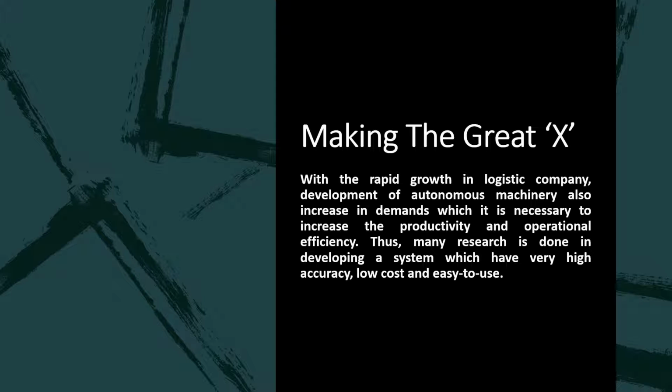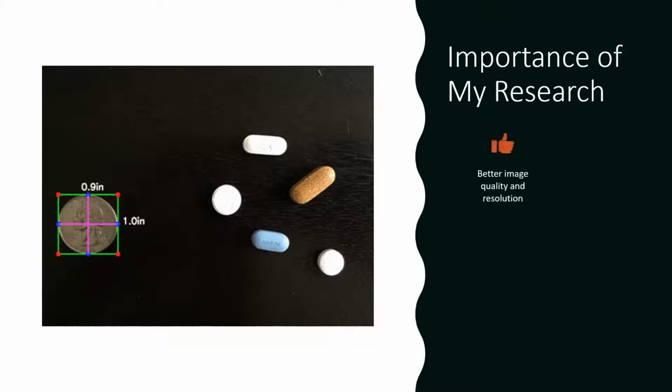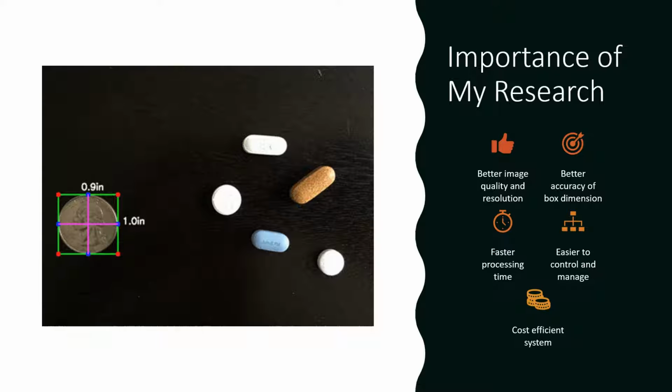Many researches have been done, so I'm going to do this research also to help in developing a high accuracy, low cost, and easy to use machine vision system. The importance of my research is to have better image quality and resolution. The outcome will be accurate, fast processing time, easy to control and manage, and lastly, really cost efficient.